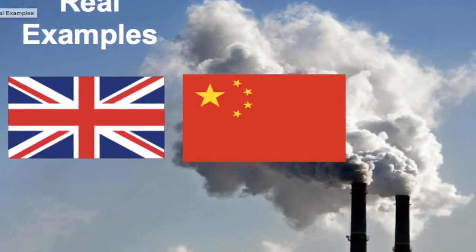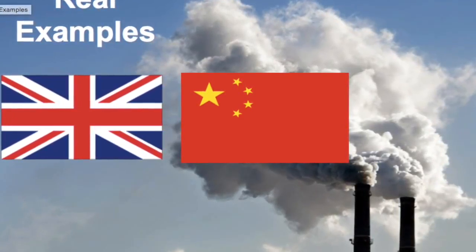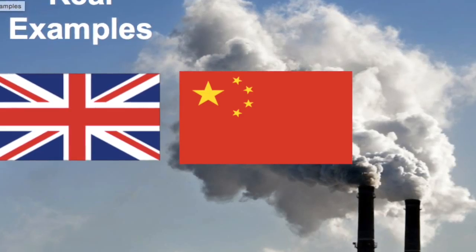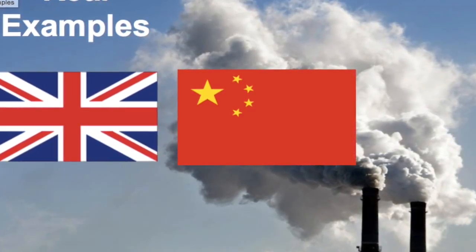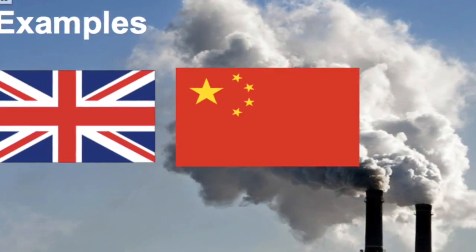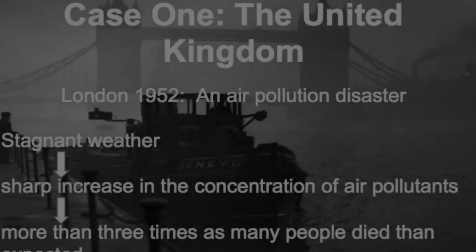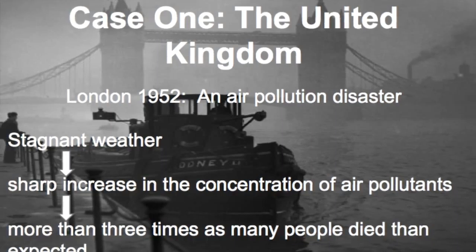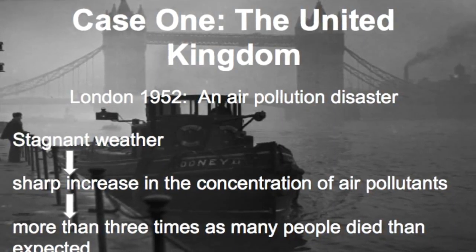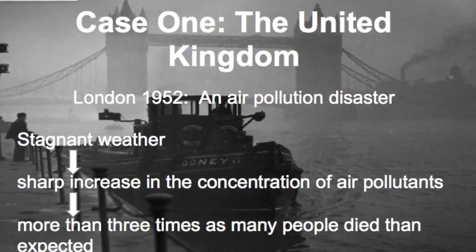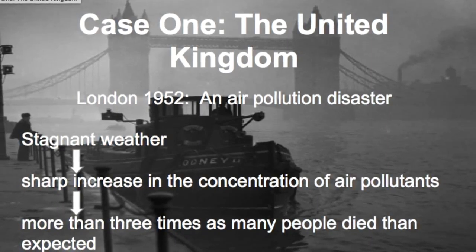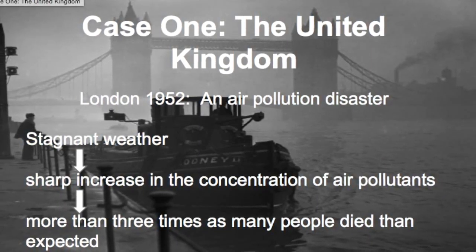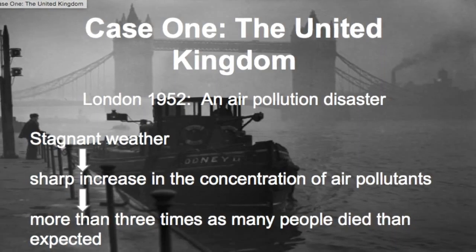There are some real examples that happened, such as in England and in China. One of the cases is in the United Kingdom in 1952, an air pollution disaster. It was stagnant weather and a sharp increase in the concentration of air pollutants. More than 3 times as many people died than expected.